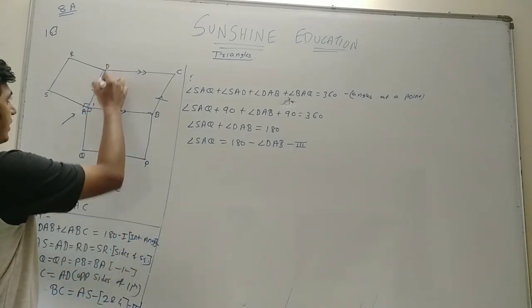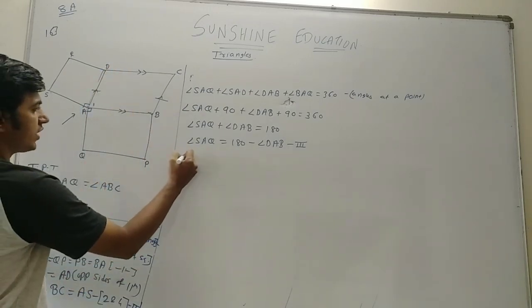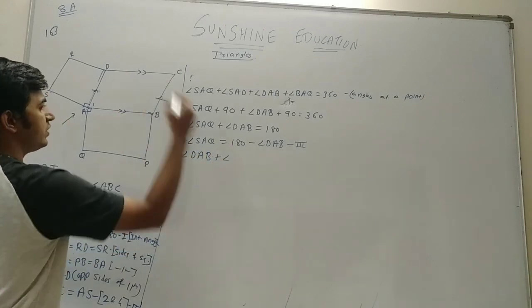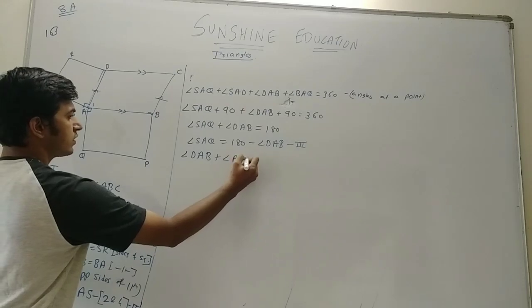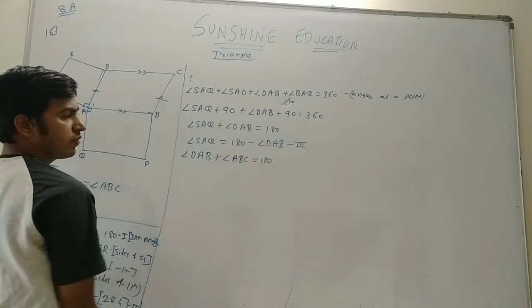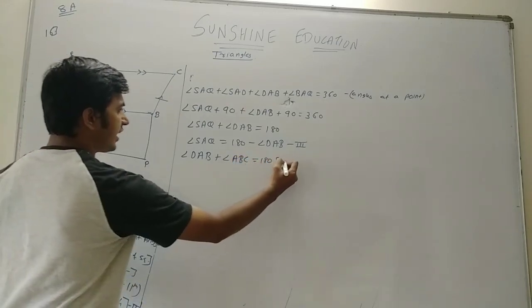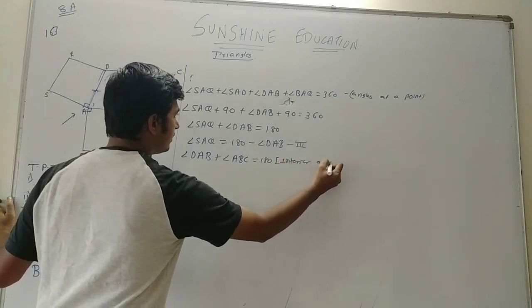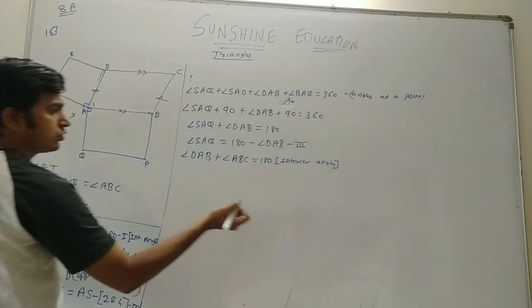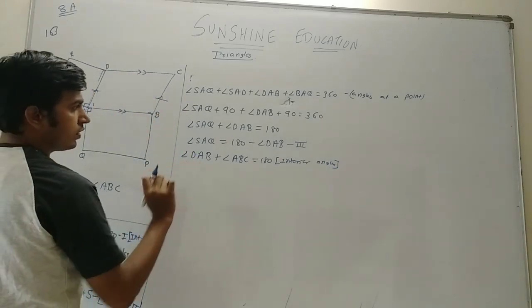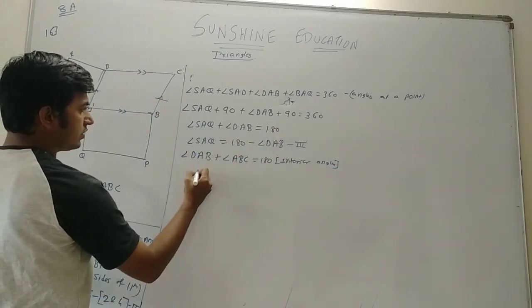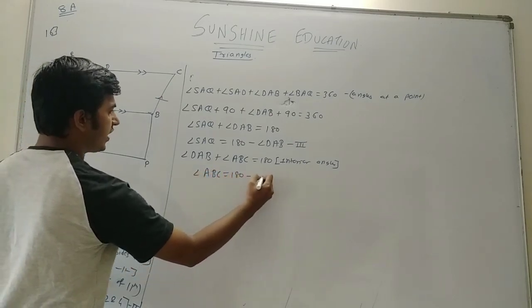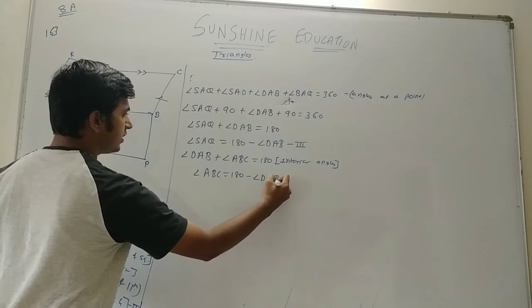Now we know that DAB plus ABC is equal to 180, interior angles. So DAB goes to that side, and we have ABC is equal to 180 minus DAB.